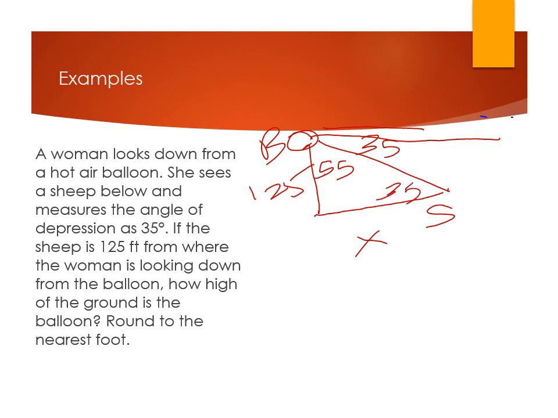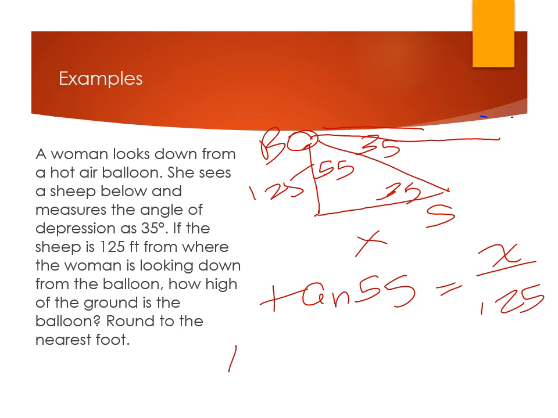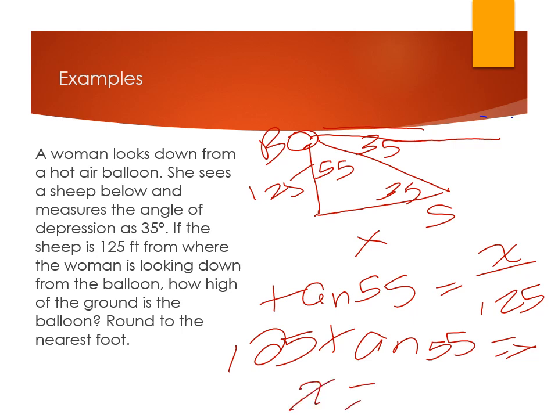If I use the tangent of 55, I've got the tangent of 55 equals the opposite over the adjacent 125. So I get 125 tangent 55 equals x. And when I put that into my calculator, I get approximately 87.53 or 88 feet.